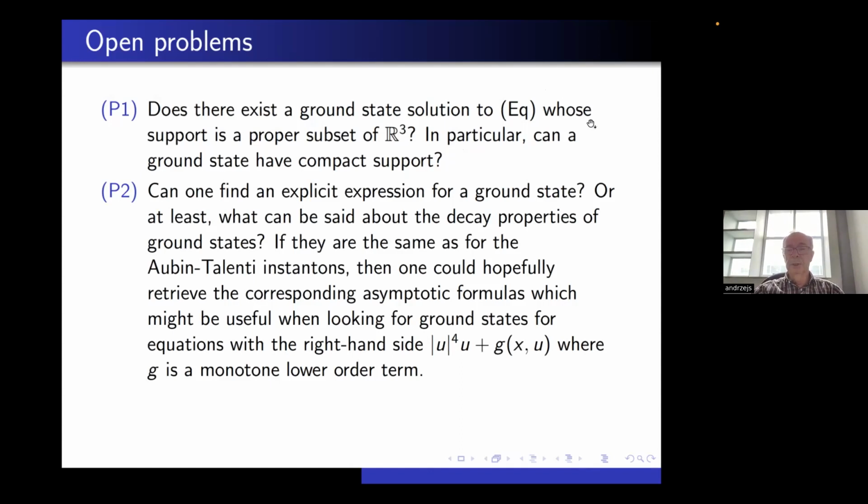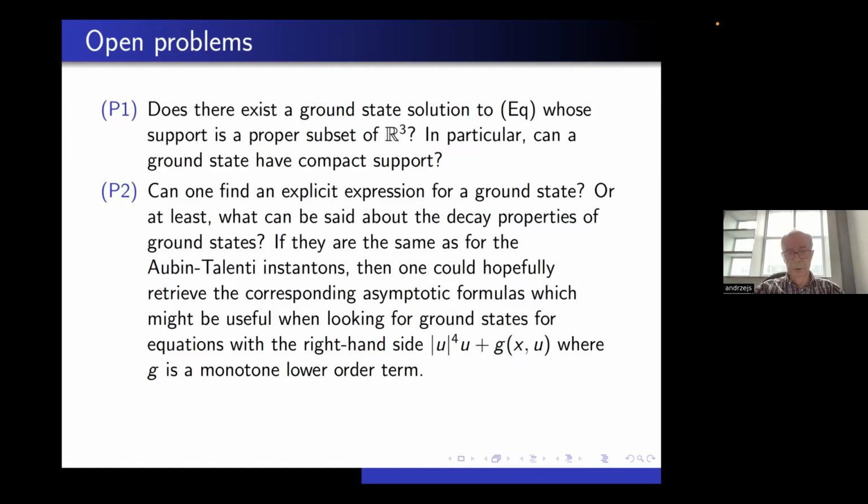And at least, can one say something about the decay property of ground states? It would be good to know that they are the same as for the Aubin-Talenti instantons, because then one could hopefully look for equations where the right-hand side consists of this, and some monotone lower order perturbation.